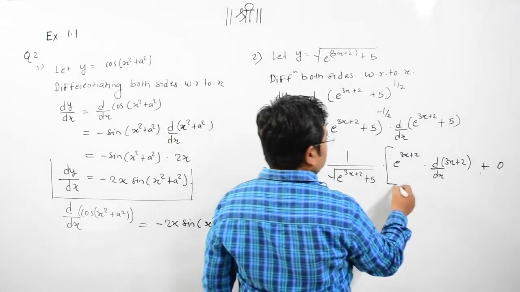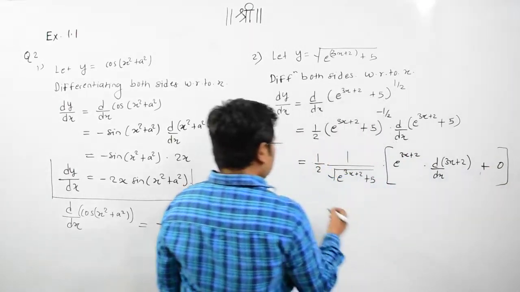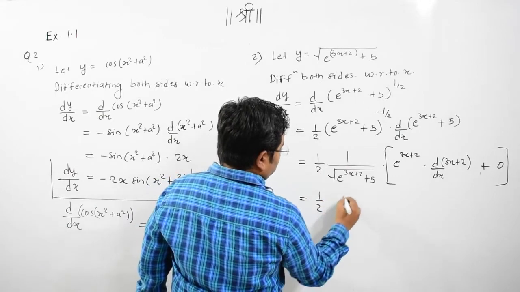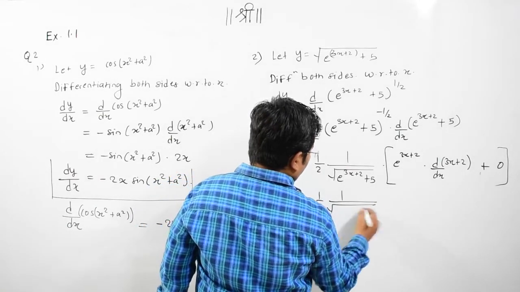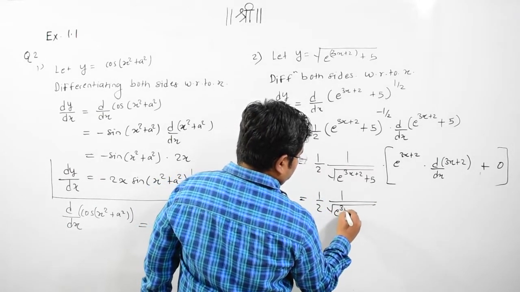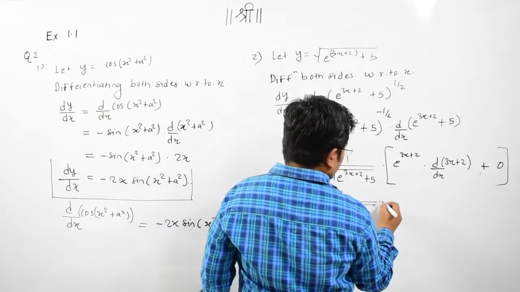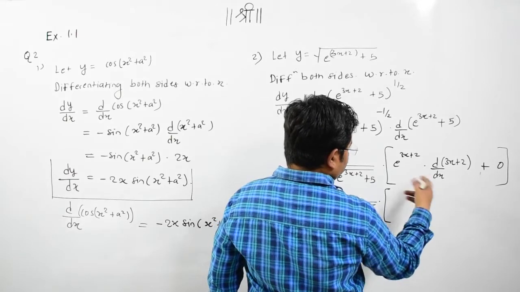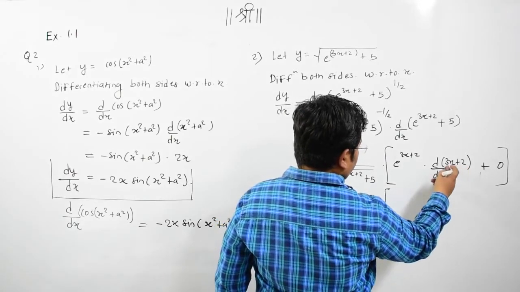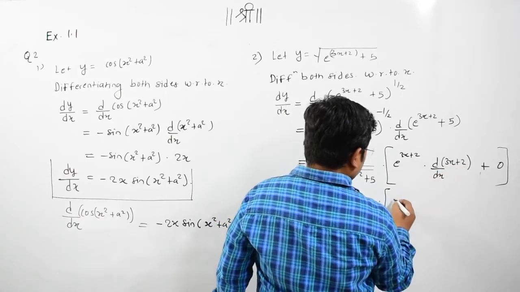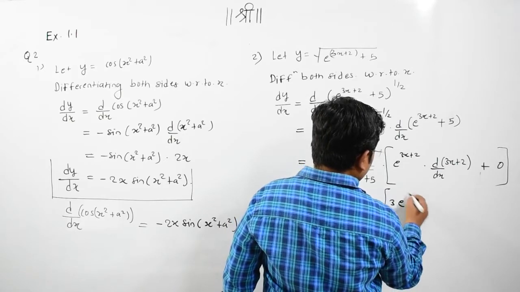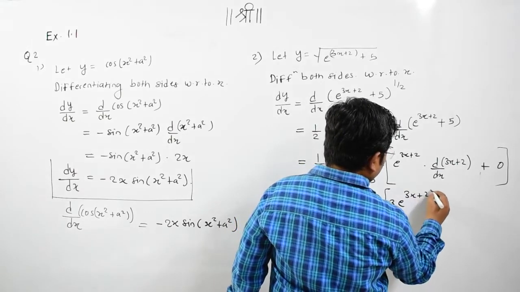Hope you understood what exactly we are doing. Now next step: 1 upon 2, 1 upon under root of e raised to 3x plus 2 plus 5. The derivative of 3x will be 3, so 3 into e raised to 3x plus 2.